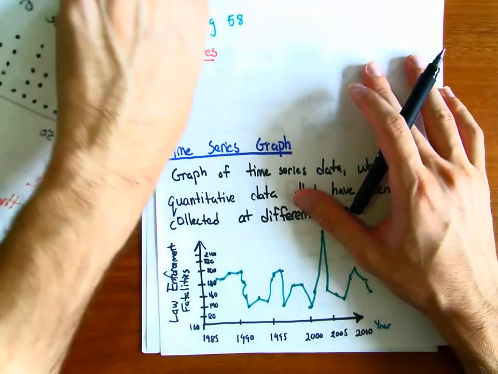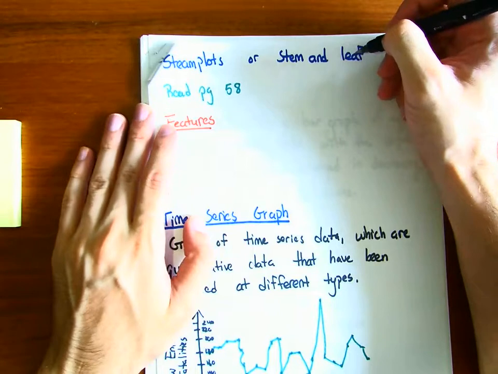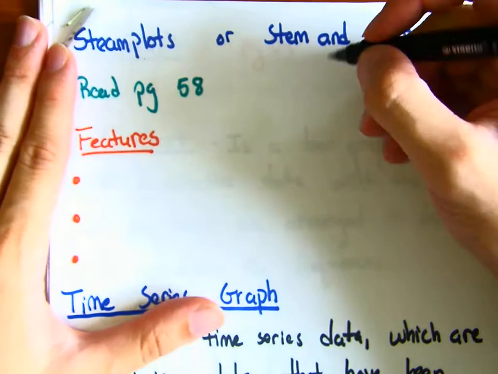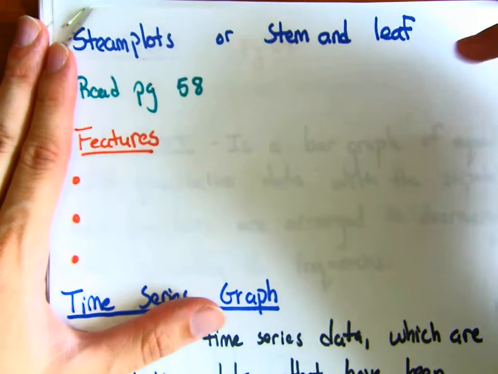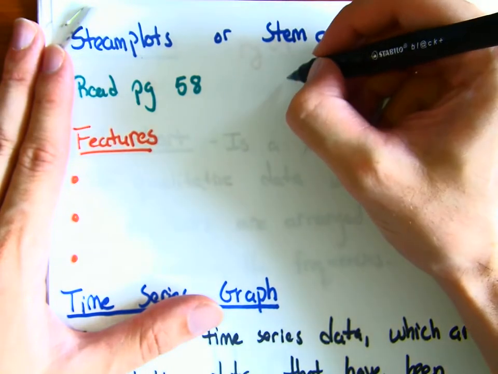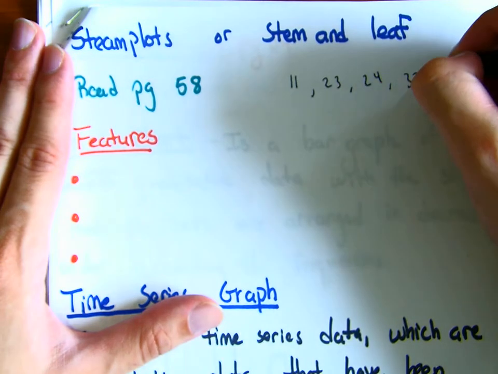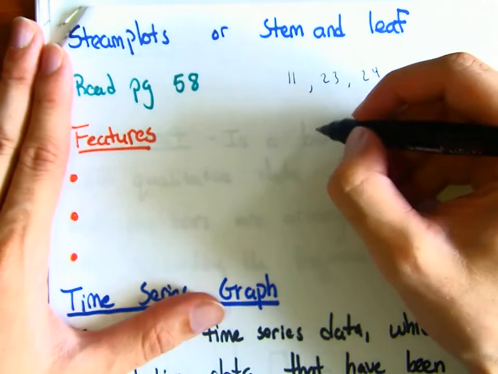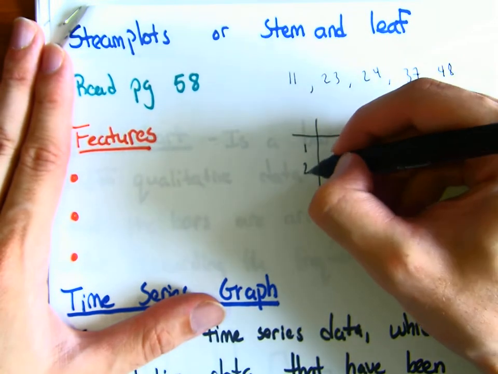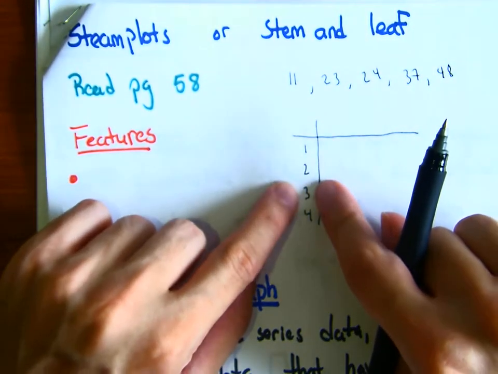Next one, it's funny, a stem plot or stem and leaf plot. I remember learning this back in third grade, but a lot of you maybe never learned this. What is a stem and leaf plot? Let's say I wanted to organize these data values: 11, 23, 24, 37, 48. The idea is you take your tens and put them here, so 1, 2, 3, 4 represent 10, 20, 30, 40.